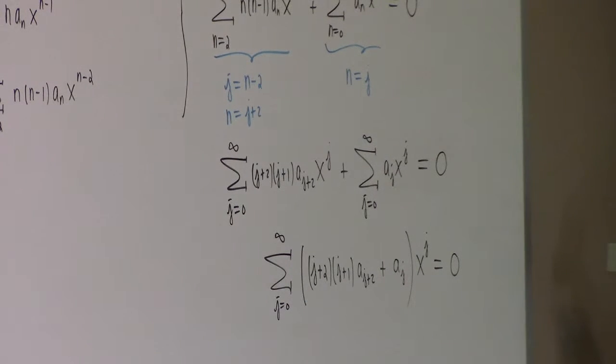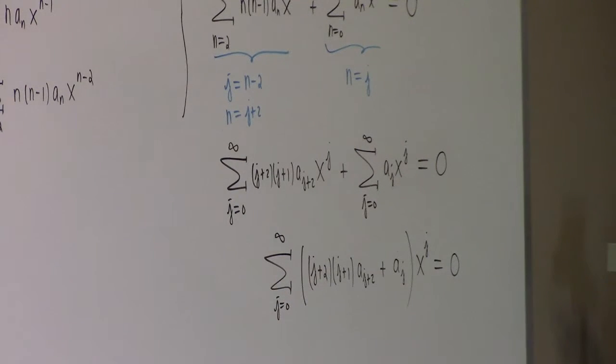Now this identity has to be true for all x, right? The only way that can happen is if the thing in parentheses is 0 for each value of j. So this gives us a condition on the coefficients, the a sub j's.